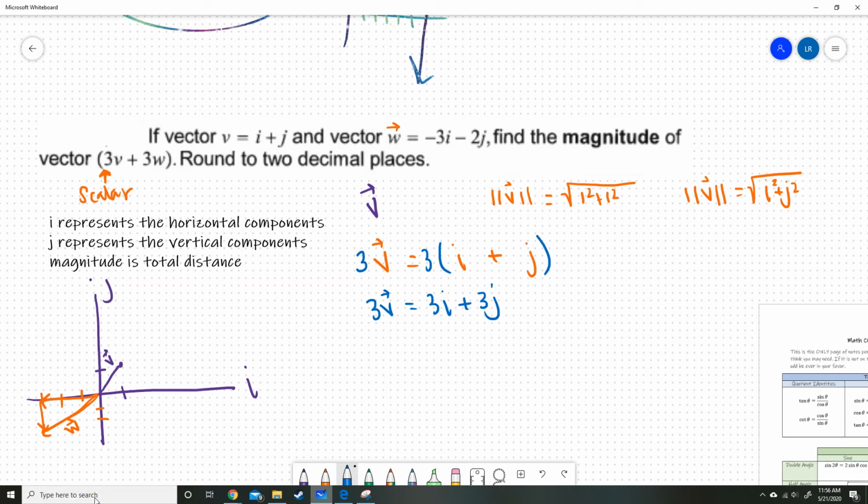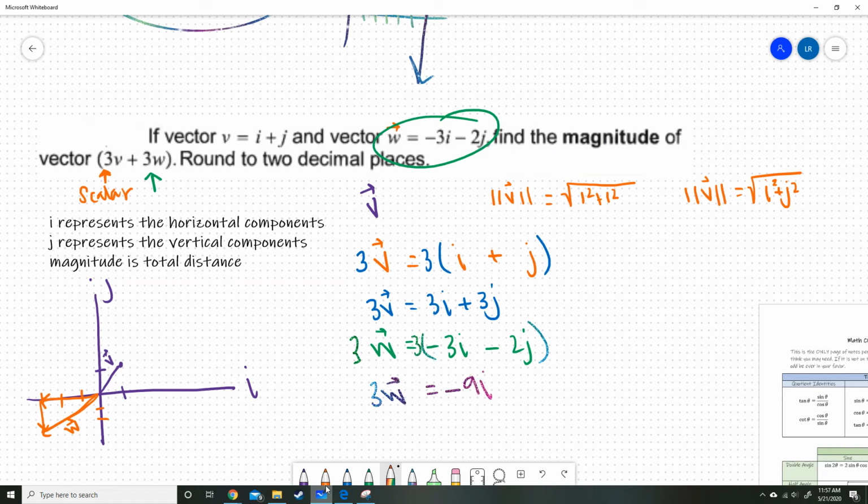Ultimately, what we want to do is add 3v plus 3w. Here's my w vector. My w vector is -3I minus 2j. I'm going to multiply everything by 3. And so 3w is -9I minus 6j.